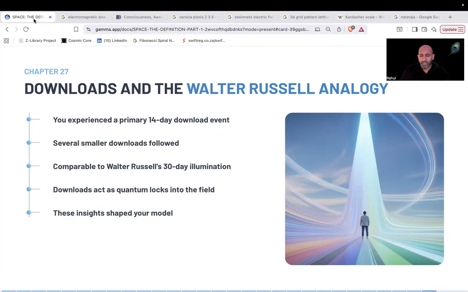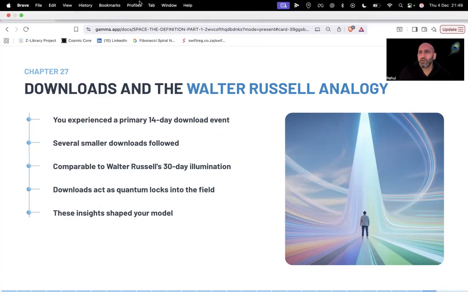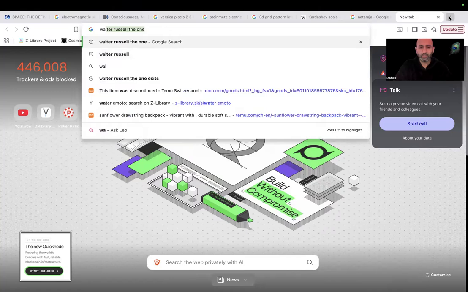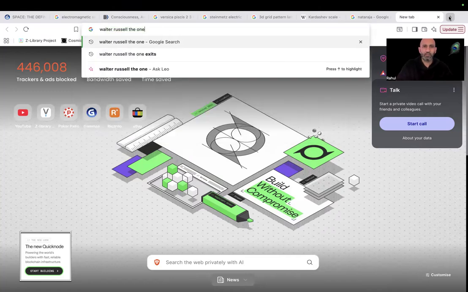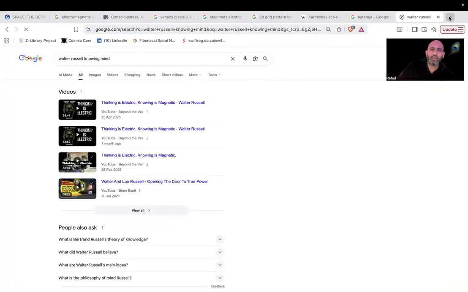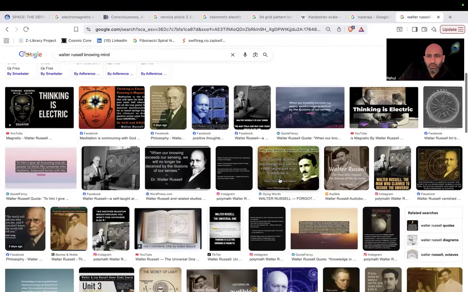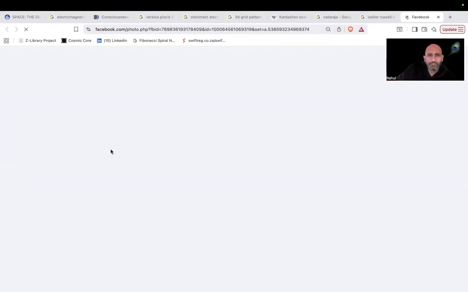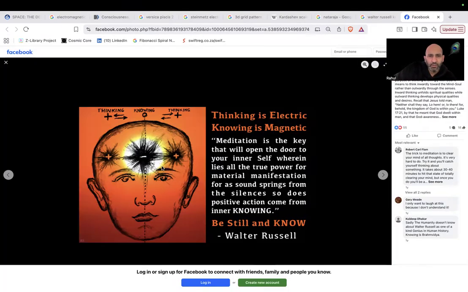So Walter Russell actually has a very good picture. It's called Knowing Mind. It's got thinking mind and knowing mind. Left and right is sort of your two poles of this one. I don't have that.